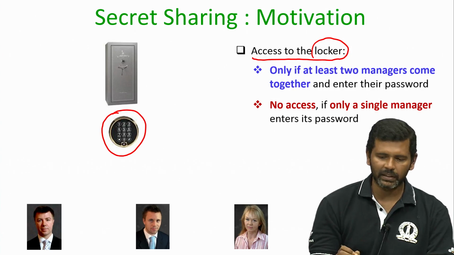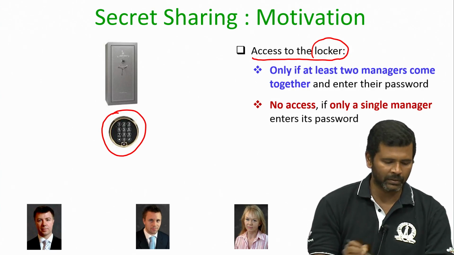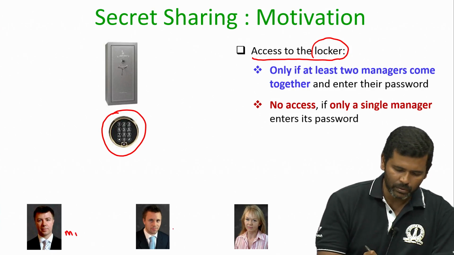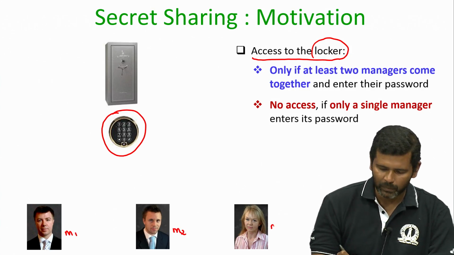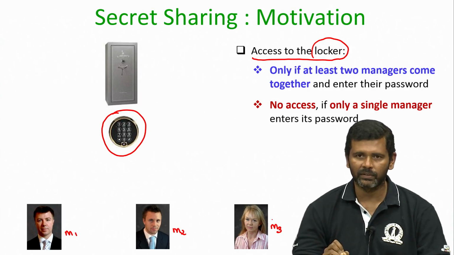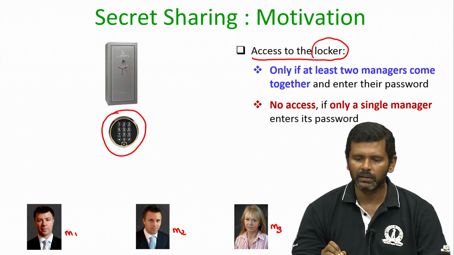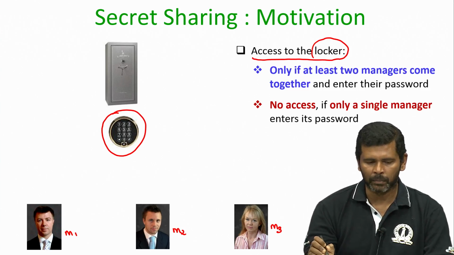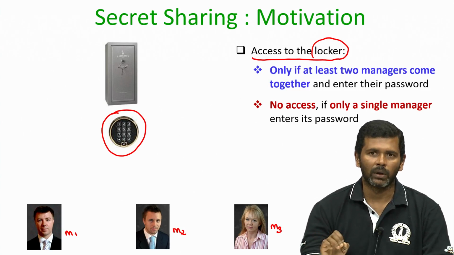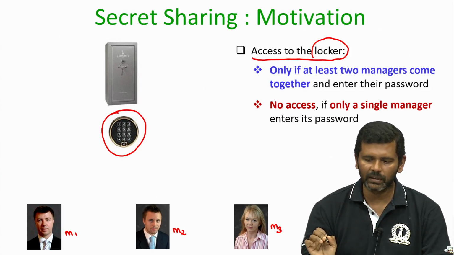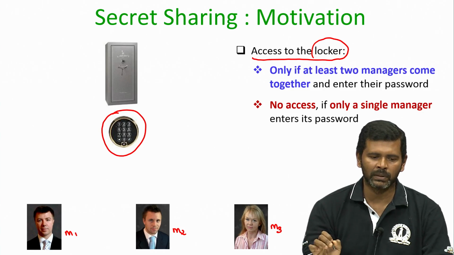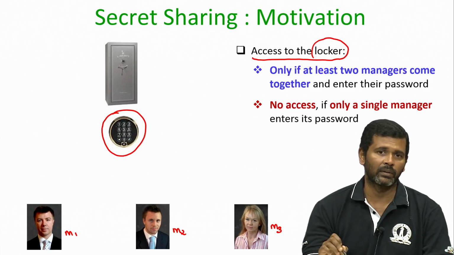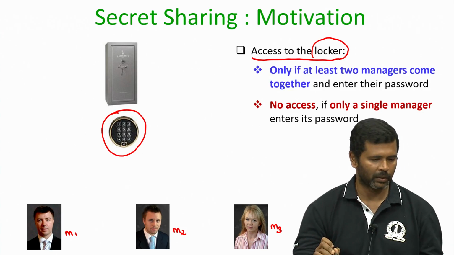So, I imagine here that we have 3 managers, manager 1, manager 2 and manager 3, and the system works as follows. Only when at least 2 of the managers come together and enter their respective passwords, the locker can be opened, but if only a single manager goes and tries to open the locker by entering his or her password, the locker should not be opened.